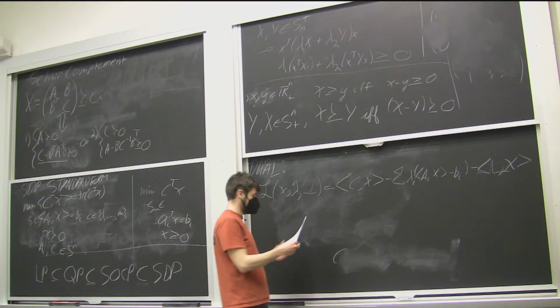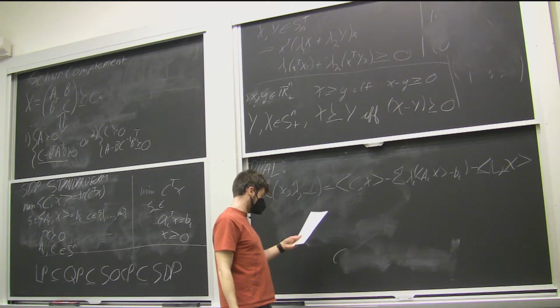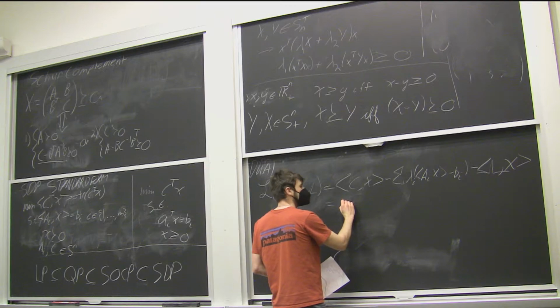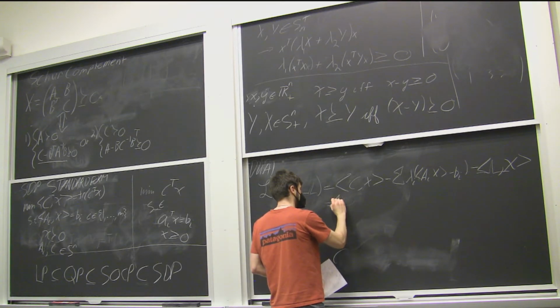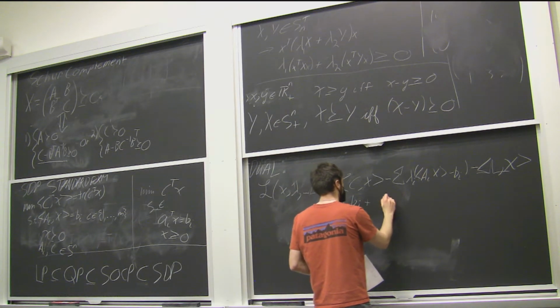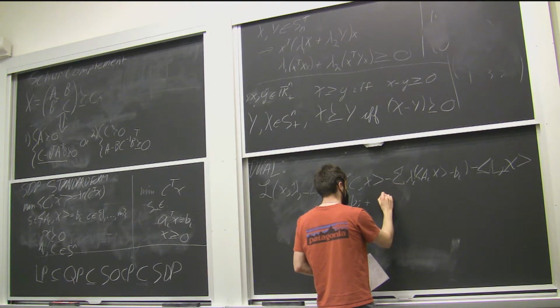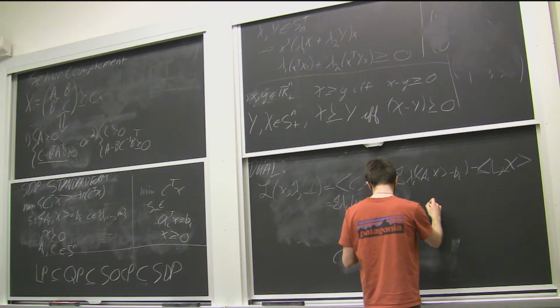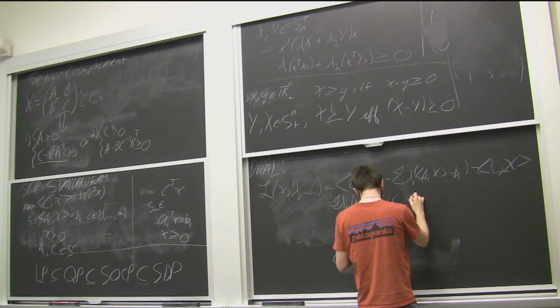So what I'm going to do is write this as the sum of lambda_i b_i plus c, it should be a minus.